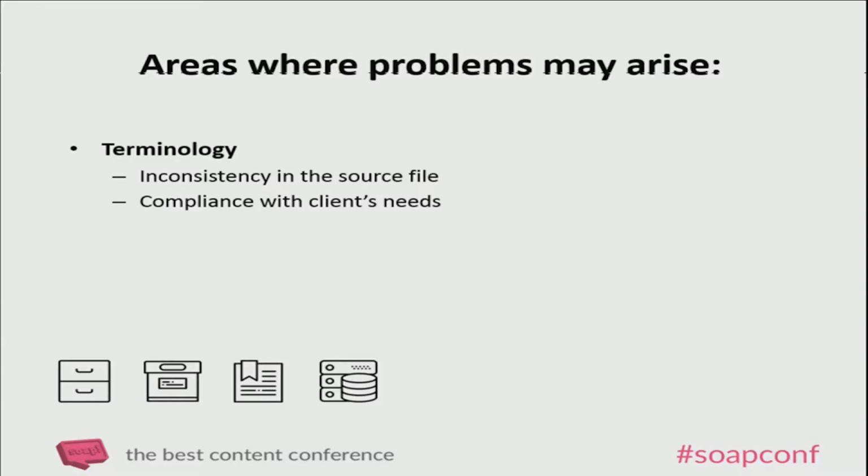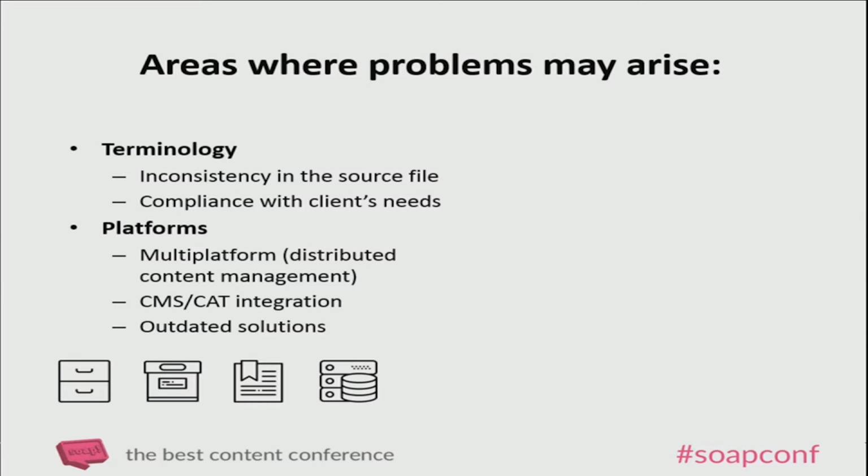Starting with terminology, I will tell you how important it is to keep consistency in your terminology and everything in order, and how sometimes we need to comply with clients' needs, especially when the client or a person uses totally different terminology than the rest of the branch, than the rest of the sector, and how to deal with it.